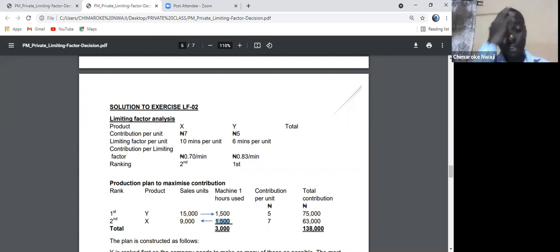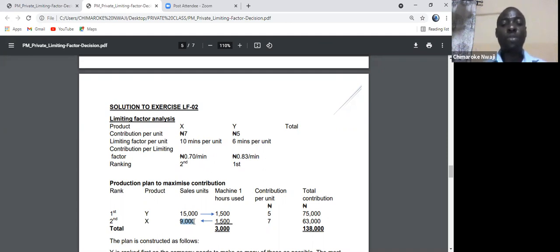If you have available 90,000 minutes, and each product of X requires 10 minutes, you simply divide it by 10, you have your 9,000. So 9,000 units is what is required of you for product X.